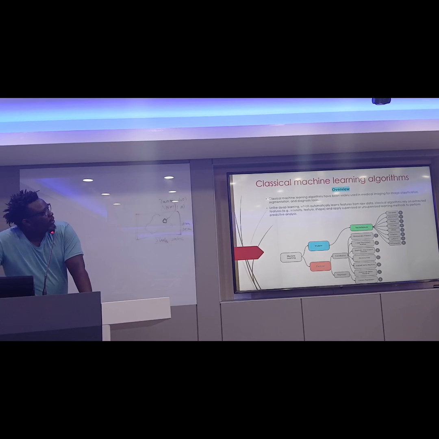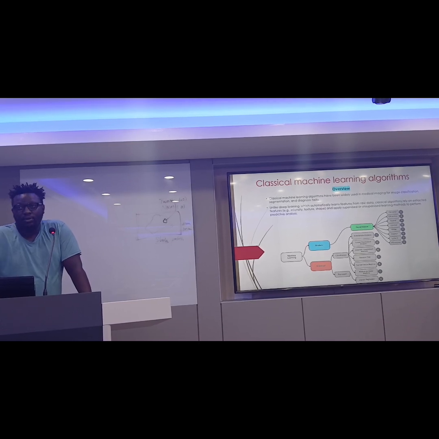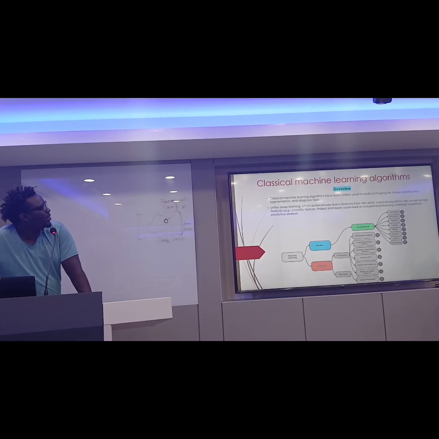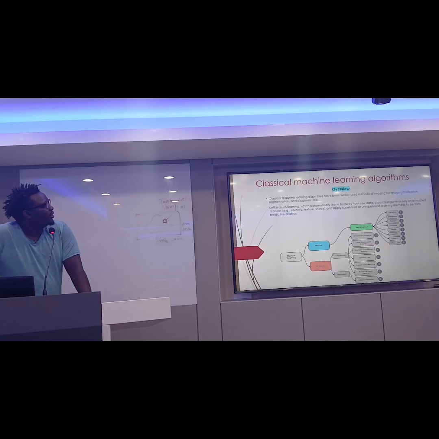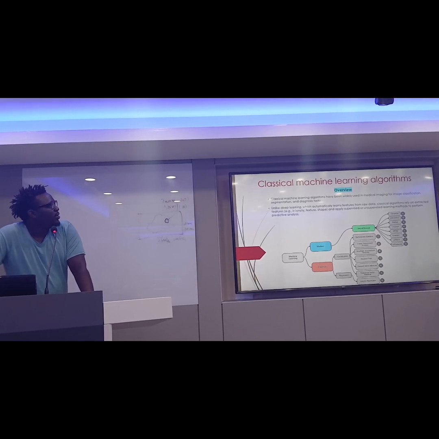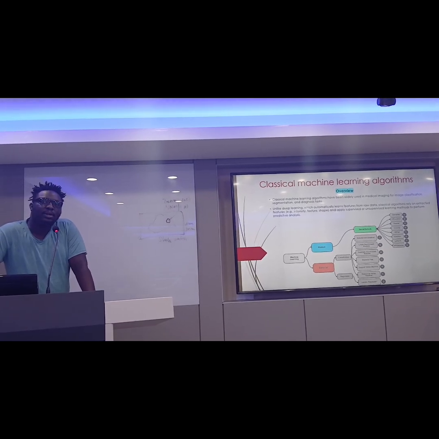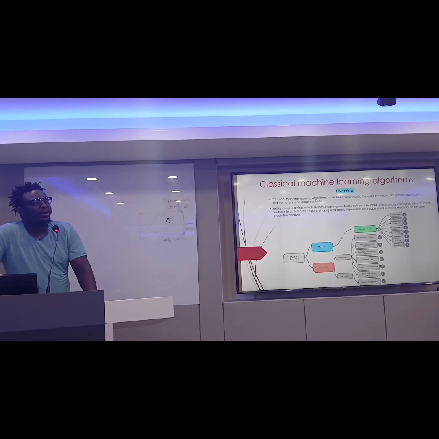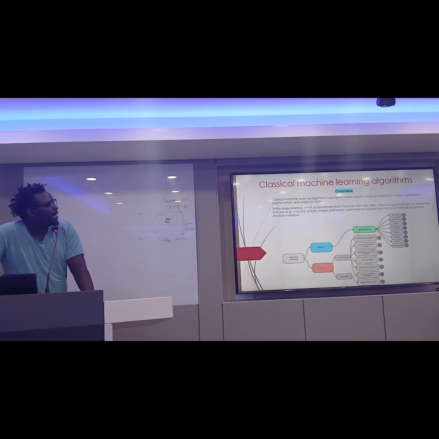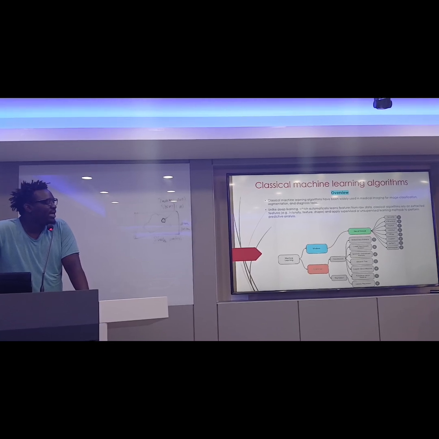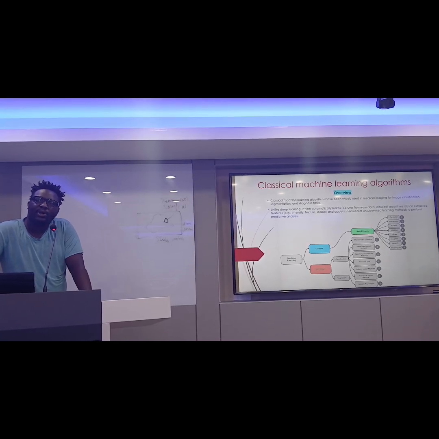So, machine learning algorithms. They used to automate some processes, but in this case, machine learning algorithms learn from the data. They learn from the data that you have, and they try to do one thing. In general, we can call it prediction.